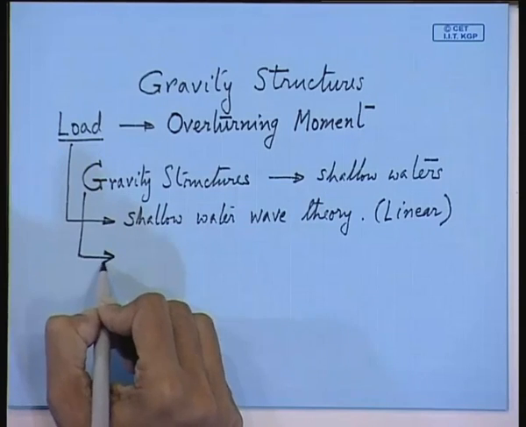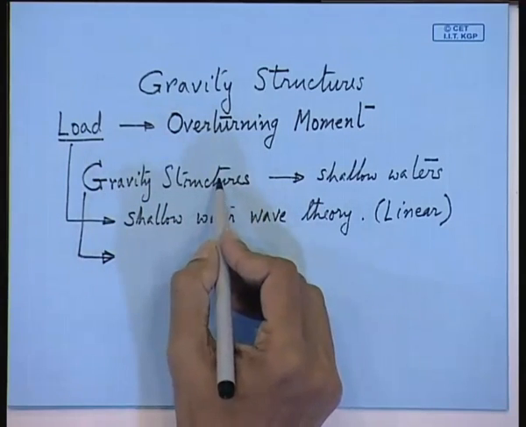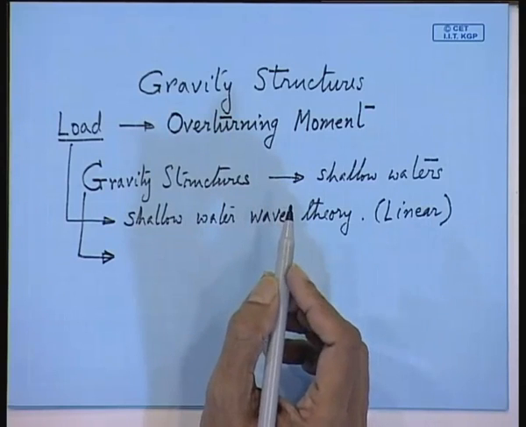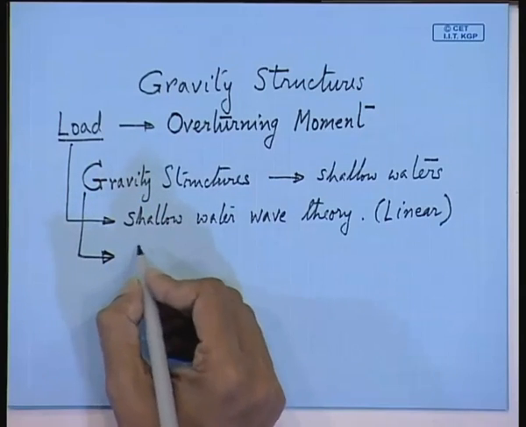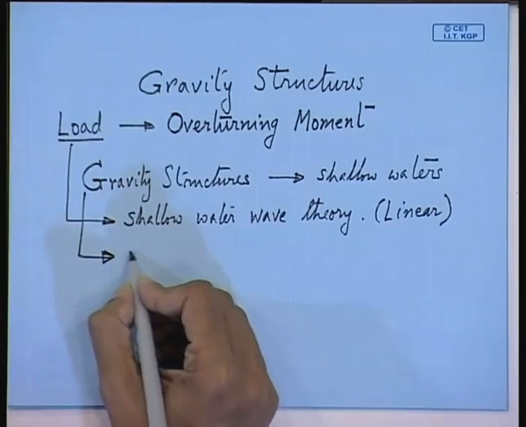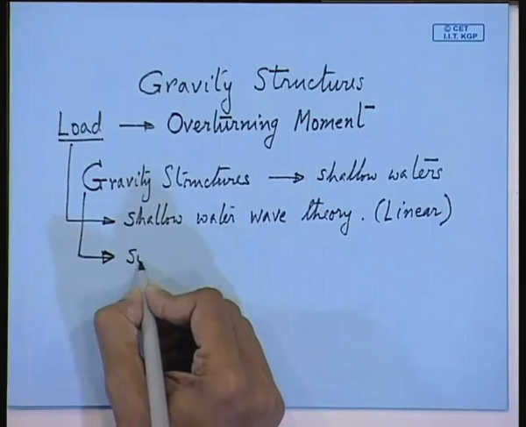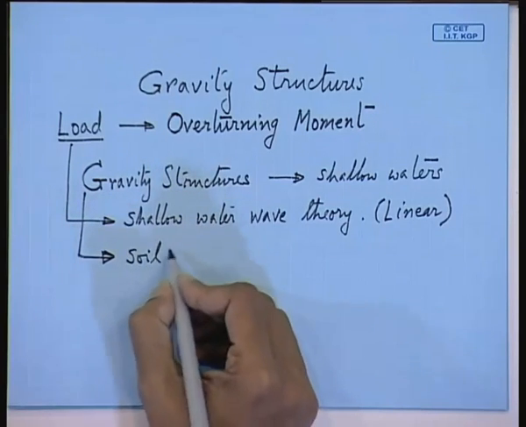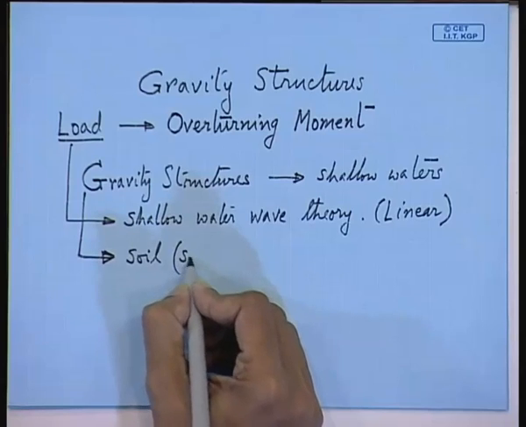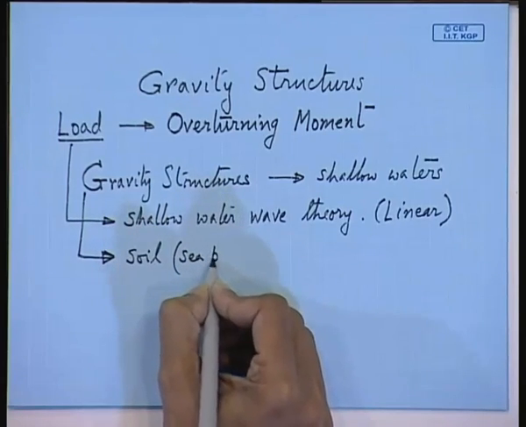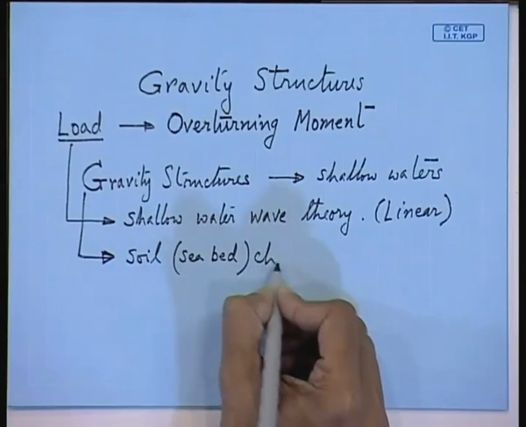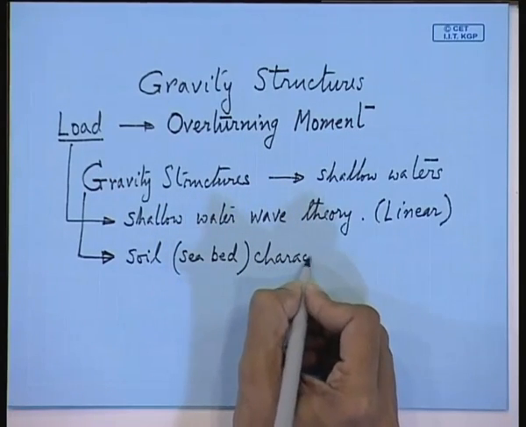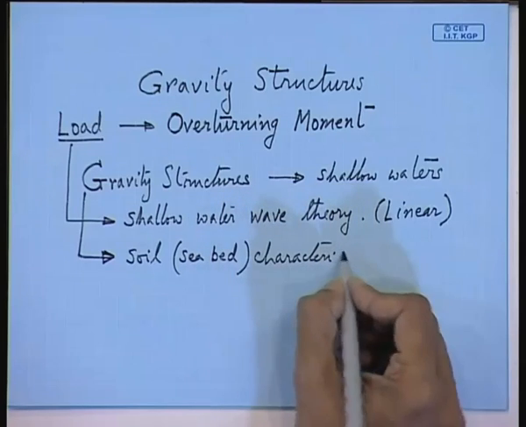Now why you go for gravity structure. Gravity structures are more costly than pile structures, but because of soil characteristics, soil or seabed characteristics. Now, what are the seabed characteristics?